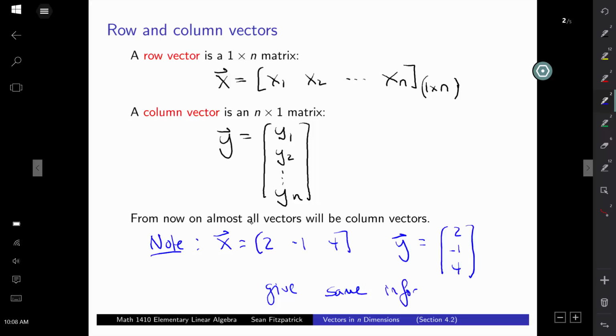They give me the same three numbers, simply presented in different ways. And depending on the context, you may want to present these numbers in one way or another. But most of the time, we'll be dealing with column vectors. There are very few places where we want to deal with row vectors. In more advanced courses, you might think of row vectors as being somehow dual to column vectors, but that's far beyond what we would talk about in a course like 1410.